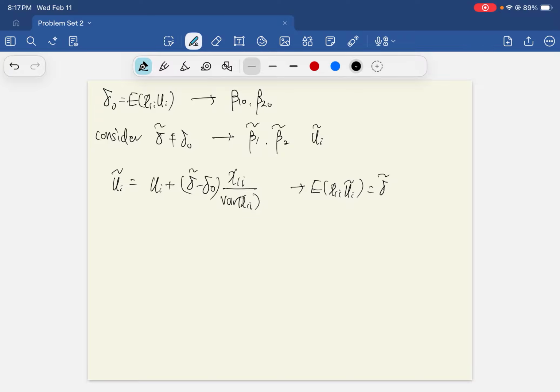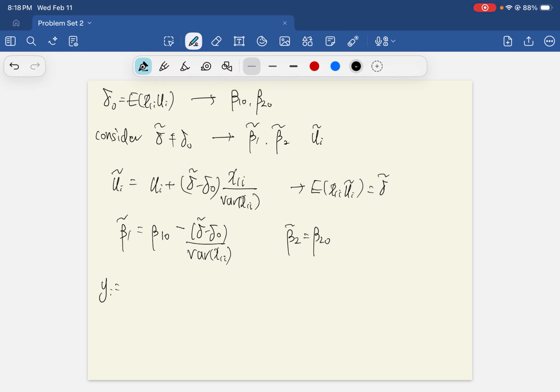This is what we intended. And then I am going to define beta 1 tilde as beta 1 0 minus (delta tilde minus delta 0) over the variance of x1i. However, beta 2 tilde is the same.